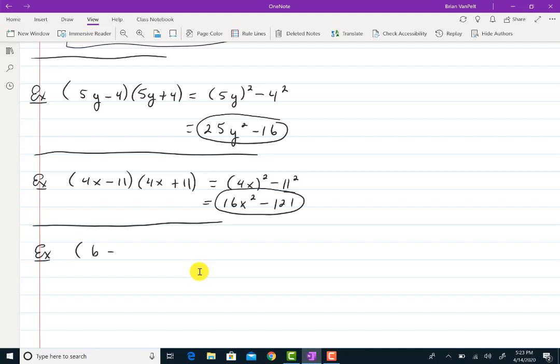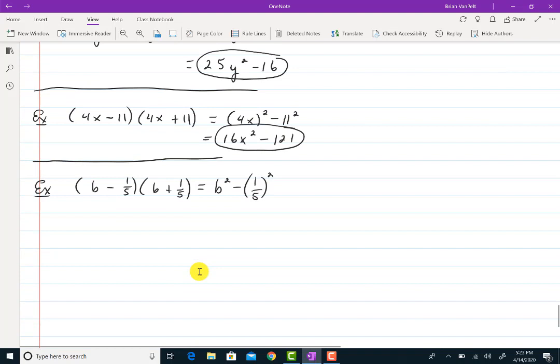Next, b minus 1/5 times b plus 1/5. That equals b squared minus 1/5 squared. And that simplifies to b squared minus 1 over 25. 5 squared, of course, is 25.